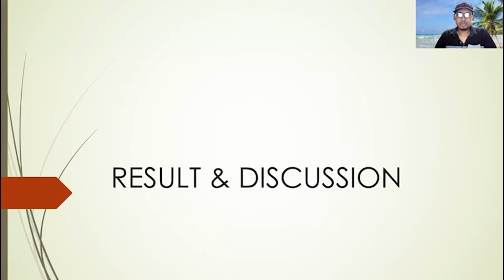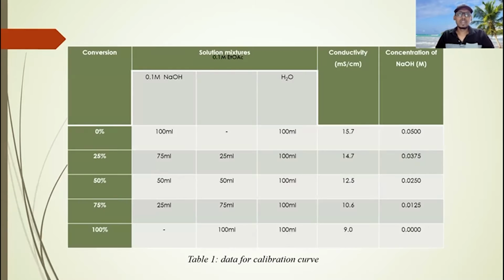Good morning. My name is Samuel, KH20018. Now I'm going to explain the result and discussion part on the calibration curve. As you can see, this is our calibration curve table data: the conductivity, the concentration, and the conversion rate.